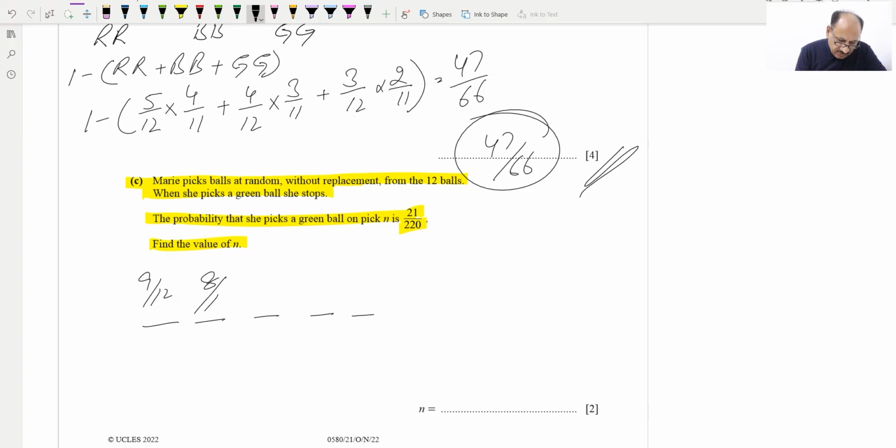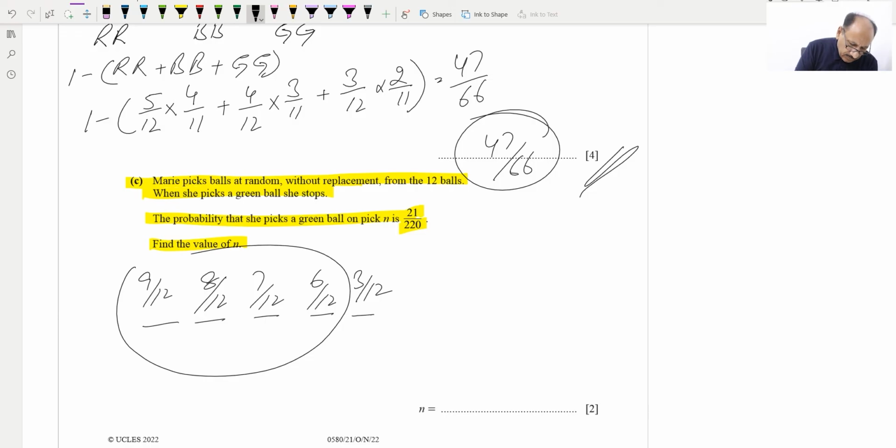Next will be 8 by 12, then 7 by 12, then 6 by 12, and last will be 3 by 12. So these are the non-green balls, and this is for green.